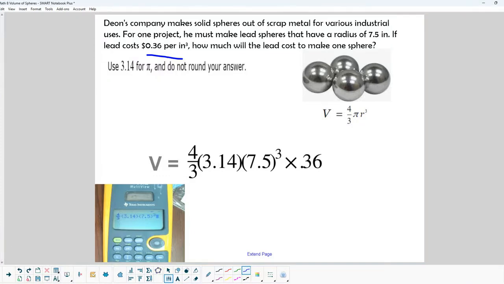So when we crank the numbers, we end up with $635.85. So kind of fun. If you are making something like this and you can figure out the unit price, you can calculate how much the overall project's going to cost you before you even do it to make sure that it's going to be worth your trouble.